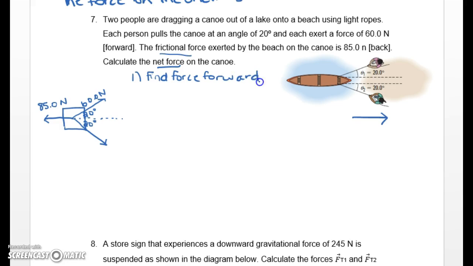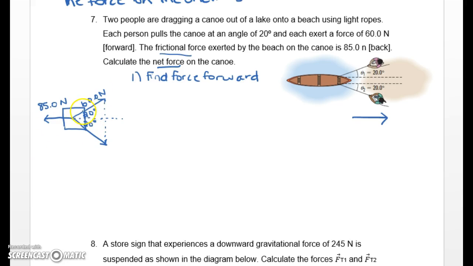That's looking at this horizontal component. Just like what we were seeing with the last example, example number 5, if we connect these to create right triangles, we can use our trig ratios to solve and find this horizontal component, or that forward pulling motion.